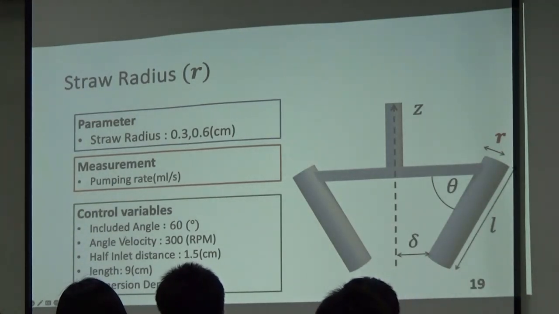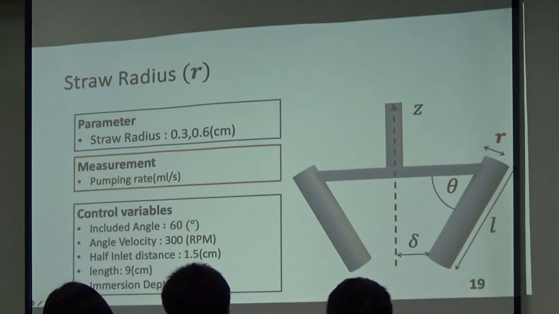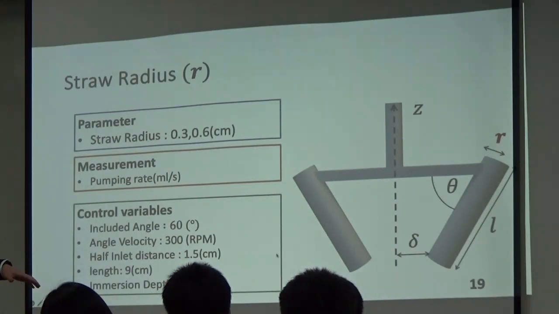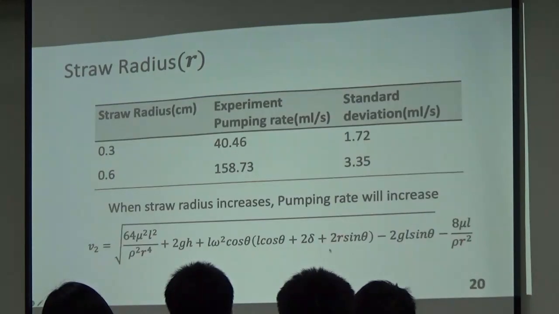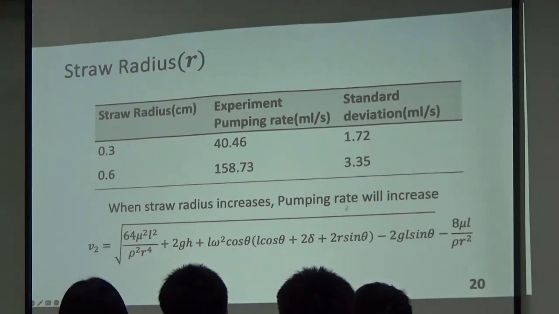And then is the straw radius. And since we could only have 0.3 to 0.6 centimeters, we do two kinds of parameters. And the other variables will be the control variables, and we'll also measure the pumping rates. And you can see that when the straw radius increases, since the cross-sectional area will increase, the pumping rate will increase.